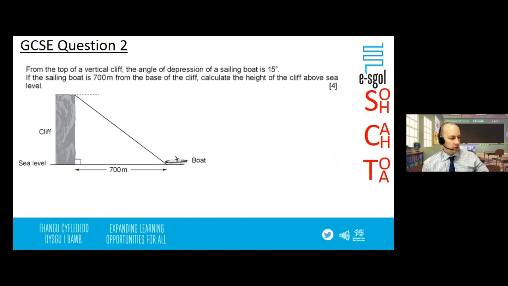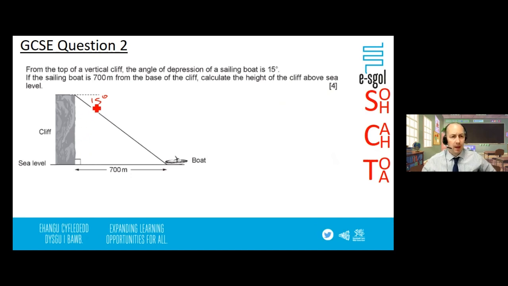Okay, so if you've done the question, great. But if you are struggling with the question, I'll give you a bit of a hint and tip with this one. It mentions the angle of depression. Imagine we're stood at the top of the cliff looking down at the boat. This 15 degrees here is the angle of depression. So that 15 degrees they mention in the question is that angle there, which is not inside the triangle. But we know that dashed line and the front of the cliff make a right angle.